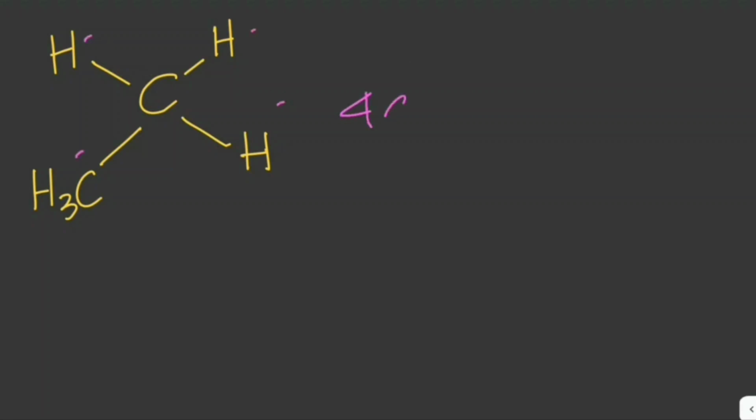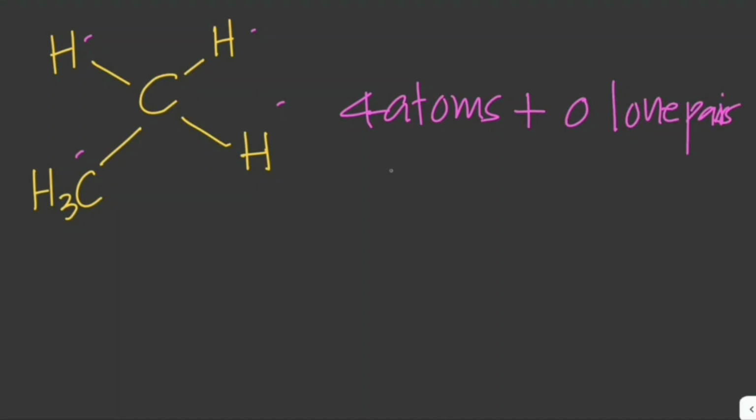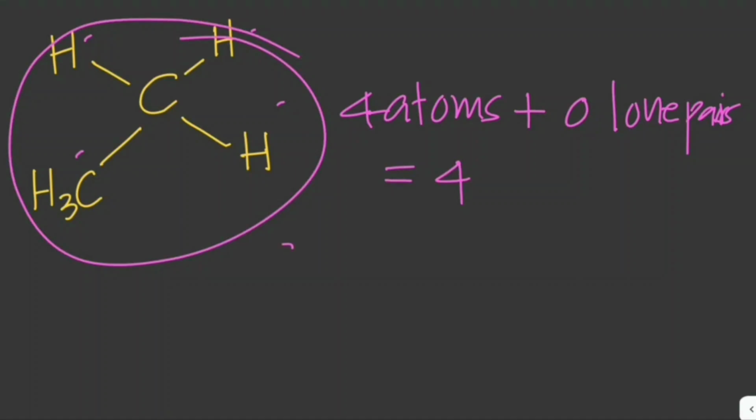So there will be 4 atoms, plus we don't have lone pairs because all of the valence electrons of carbon are completely distributed to each of the atoms attached. So there would be 0 lone pairs. And the sum of this one is equal to 4. Therefore, the hybridization of this is sp3.